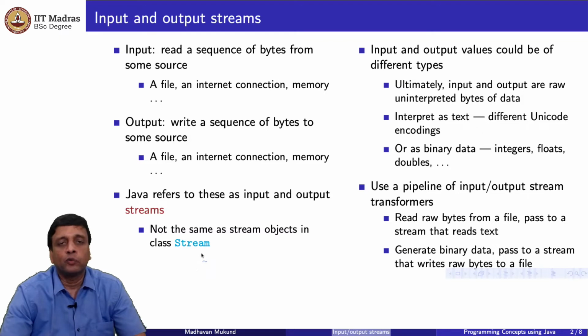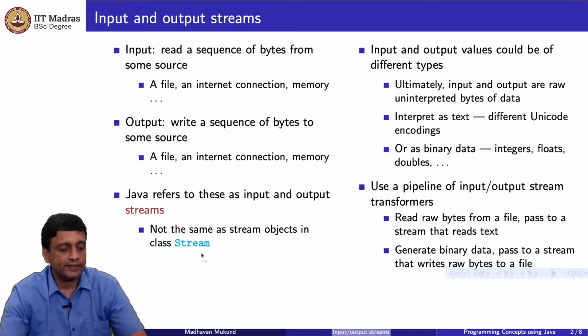Then you might want to transform these bytes and read them as text, read them as binary data, and so on. By building this kind of a pipeline of IO streams, you can build a transformation which takes a source, converts the bytes into a meaningful form and processes it, and in the reverse direction takes meaningful data, converts it back to bytes and writes it.